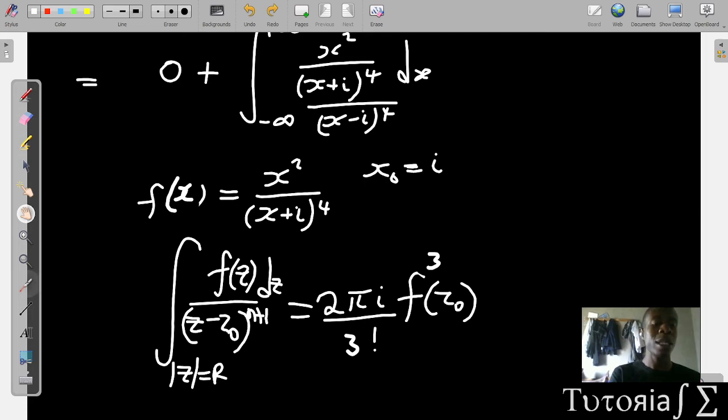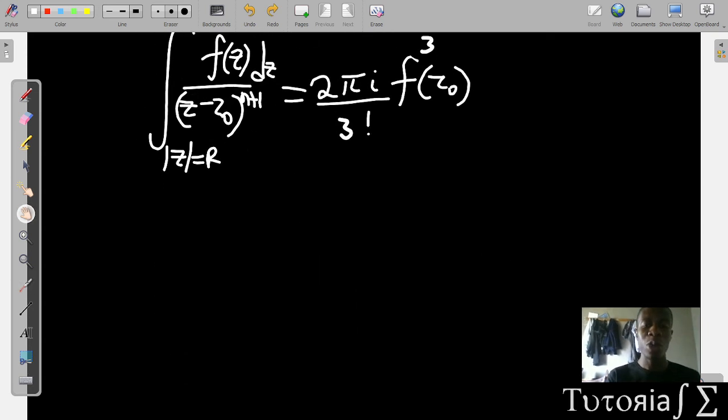What this is telling us is that we need to differentiate f of z 3 times, and what you use to differentiate this is the quotient rule, because you have a quotient like that. After you differentiate 3 times, the third derivative you replace in x naught, then you multiply to that, and that will be your answer.